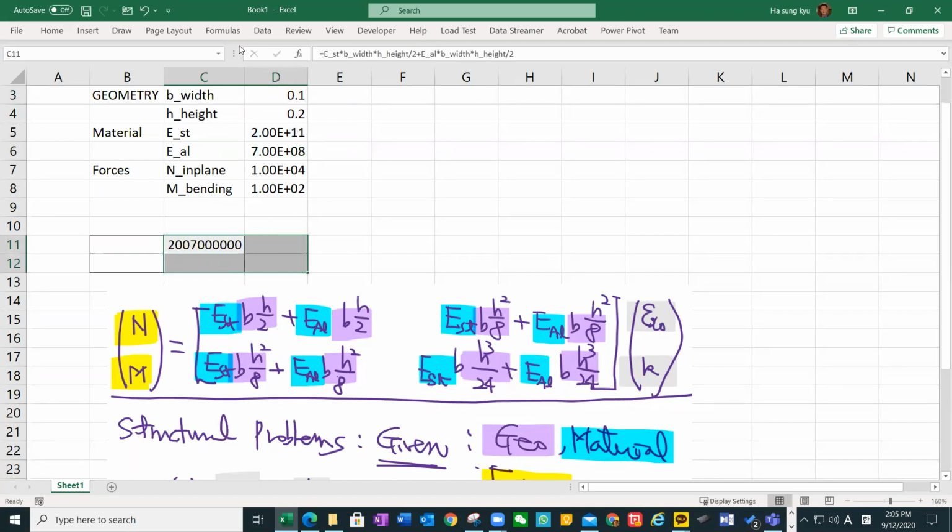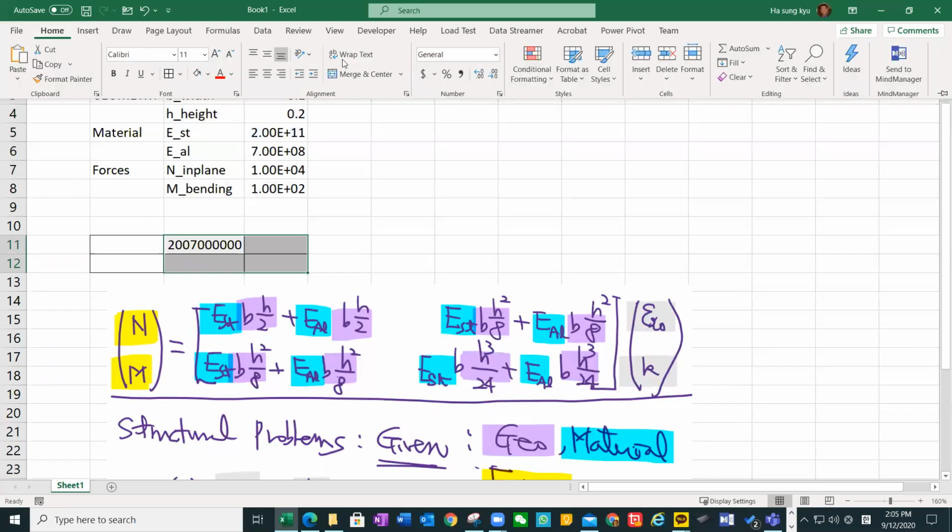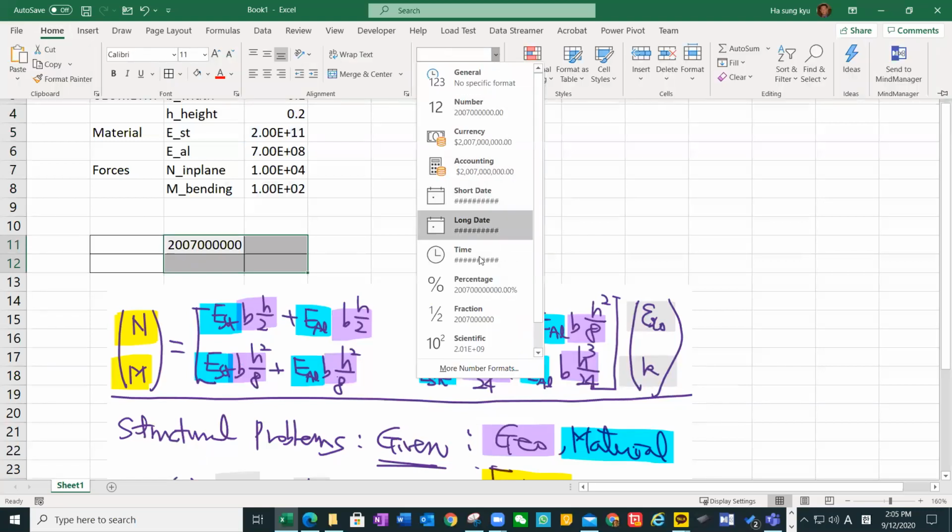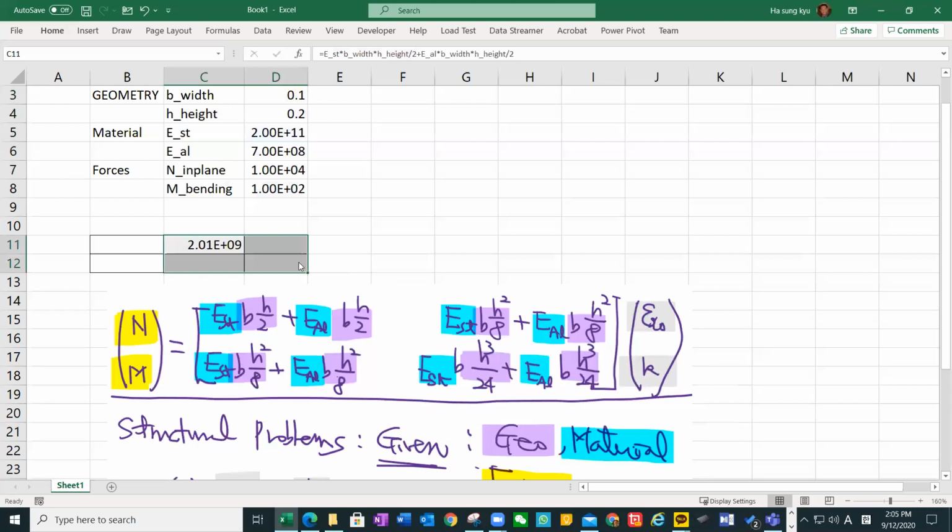It is too lengthy, so I'd like to change it to scientific format. And the other terms are similar, so I just copy and then change them. This one, with H height, will be power 2 and divide by 8.